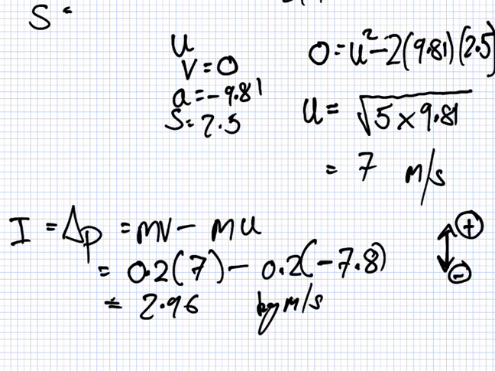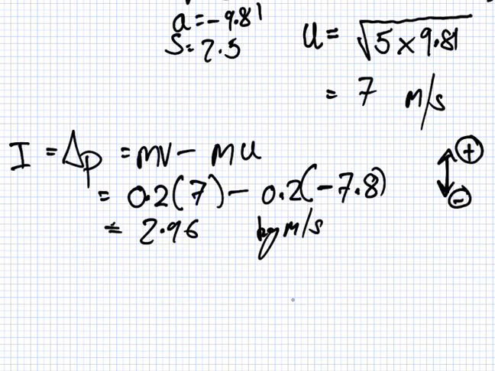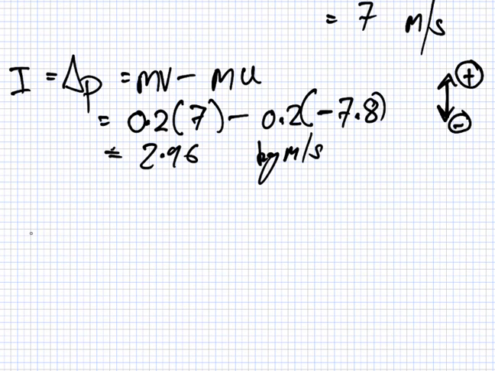And lastly, when the ball hits the ground, there's a force that pushes the ball back up, and they want this force. So what formula should I use there? I should use I equals Ft. So F equals I over, well, I should really say delta T, the small time.